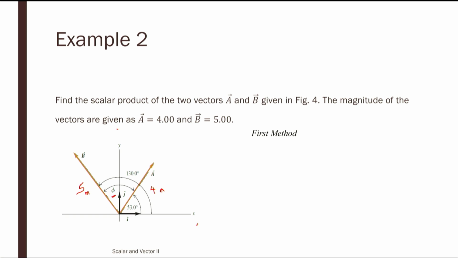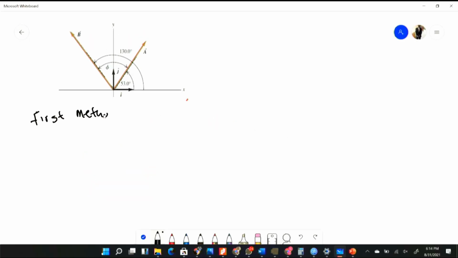The angle B makes to the horizontal axis is 130 and the one made by A is 53. So our question is to find the scalar product of the vectors. Let's take this to our whiteboard. We have two methods to work this out, so let's start with the first method.